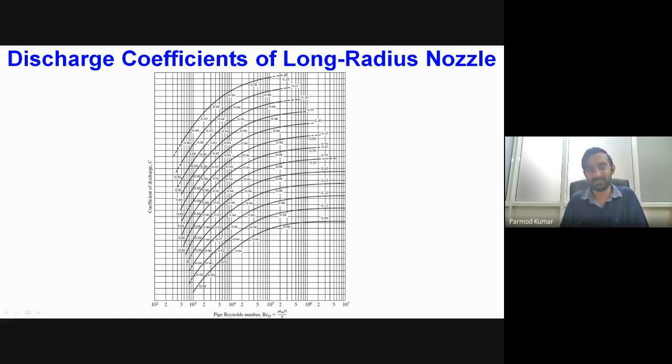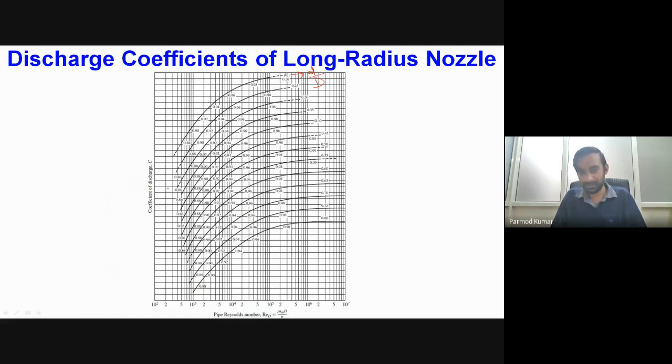On this plot we have different lines, and these lines correspond to the expansion ratio beta, which is small d by capital D. Depending upon the pipe Reynolds number and the corresponding expansion ratio of the device, we can obtain the value of the coefficient of discharge from here.